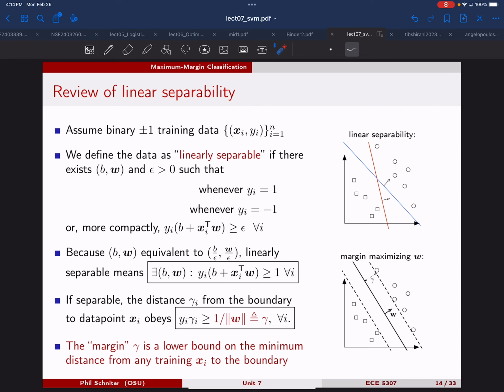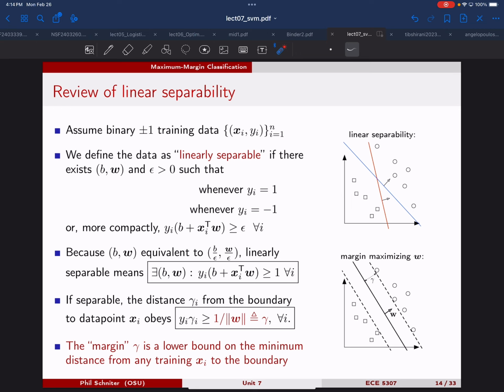If we have a linearly separable data set, that's great for linear classification because we know we could perfectly classify our training data without any errors. It doesn't usually happen in practice, but still it's an important idea, and it is the thing we start with to design these support vector classifiers.